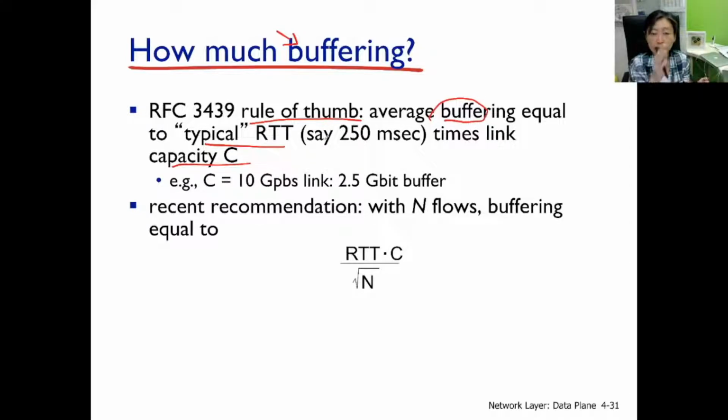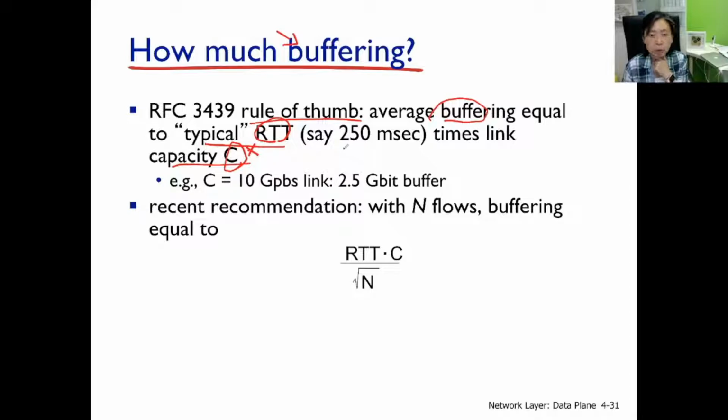So the router in the middle is thinking, well, I need to buffer the packets long enough before the sources know they need to slow down. And that is at least 1 round trip time. During this amount of time, this much data could be going through the link here. So that's why it is RTT multiplied by the capacity.